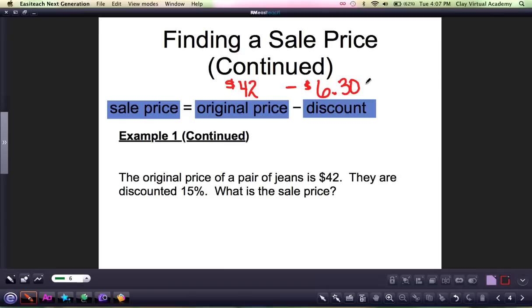That's going to come out to a total of $35.70. It came out to 35.7 in my calculator, but we're talking money, so we know we have to have two decimal places. So it's $35.70. That is the sale price. That's how much the pair of jeans is going to cost you.